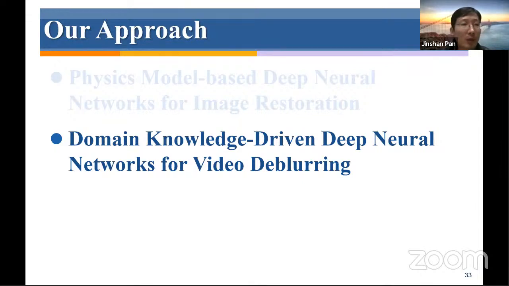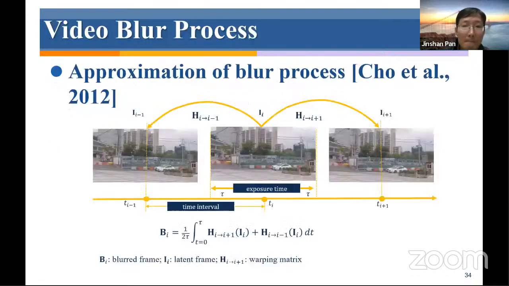Next, I will introduce how to explore the domain knowledge of videos to constrain the deep neural networks for video restoration. So for video deblurring, the blurred frames are the integration of the clear frames along the trajectories during the exposure time.